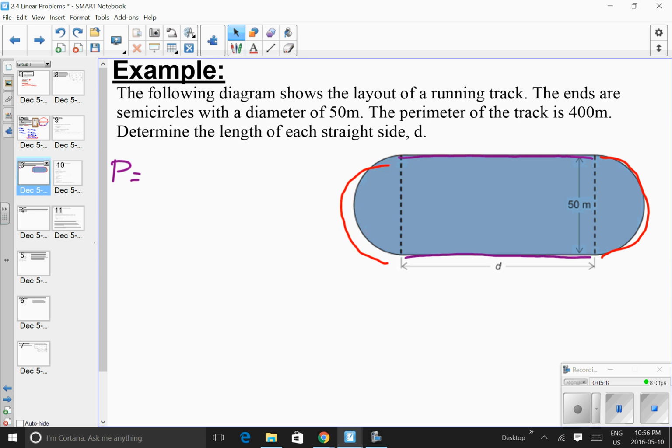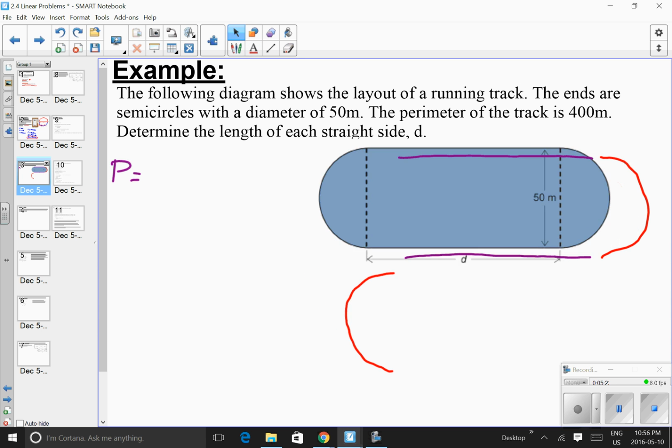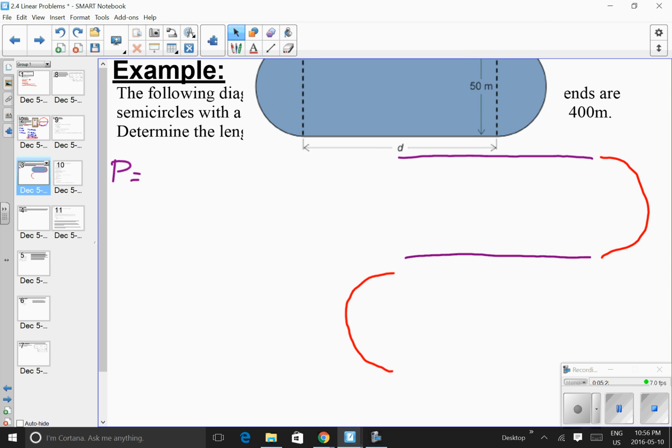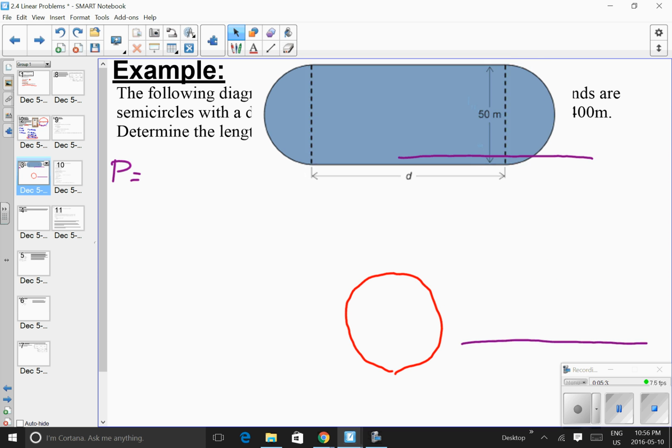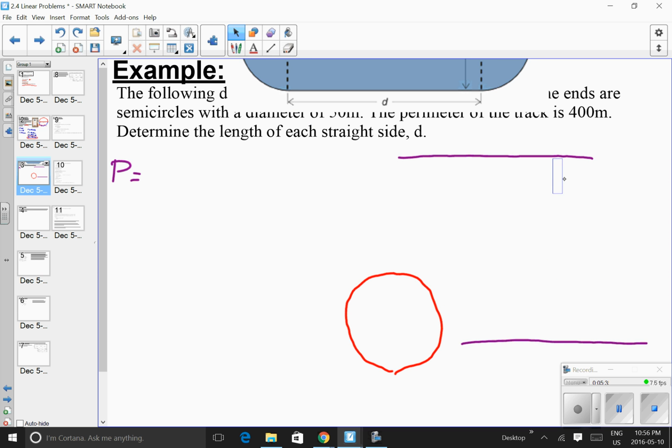Now if we rearrange this, you can see that I have a circle and two lines. A circle and two lines.